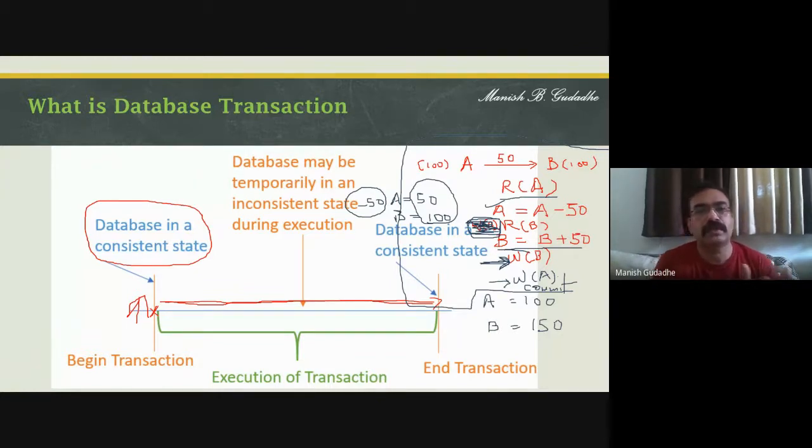What was the first consistent state? A is equal to 100, B is equal to 100 and A plus B is equal to 200. The second consistent state is A is equal to 50, B is equal to 150 and A plus B is equal to 200.